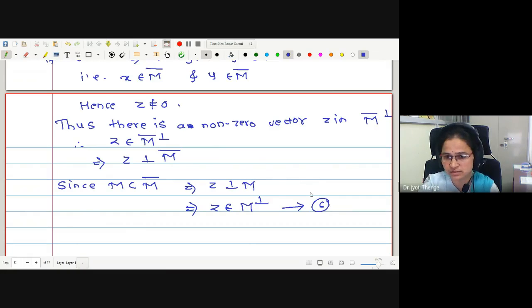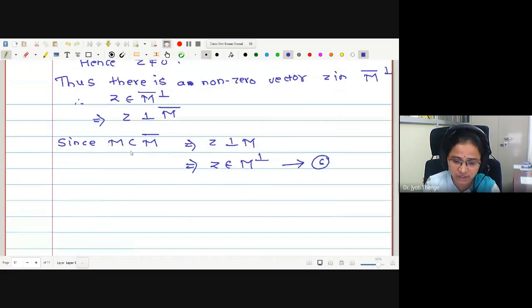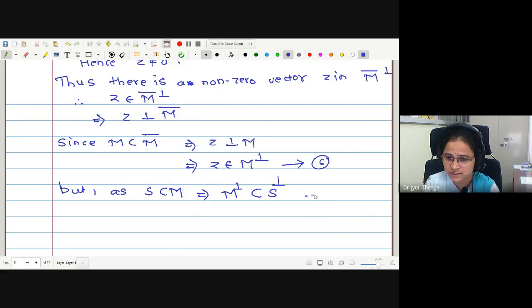Let me call this as 6, I think. I'll just check the number. Yes, it is 6. Therefore, Z is in M perp. We have started with Z is in M bar perp. We obtained Z is in M perp. But as S is contained in M implies M perp is contained in S perp. Reason, consequence number 4.